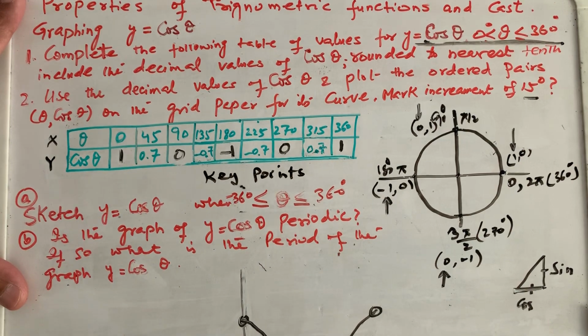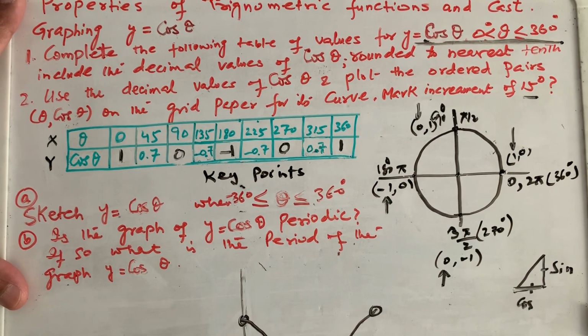And then when I have minus 360, the curve will be the same but repeating itself. This is minus 90, this is minus 180, this is minus 270, and this will be minus 360.